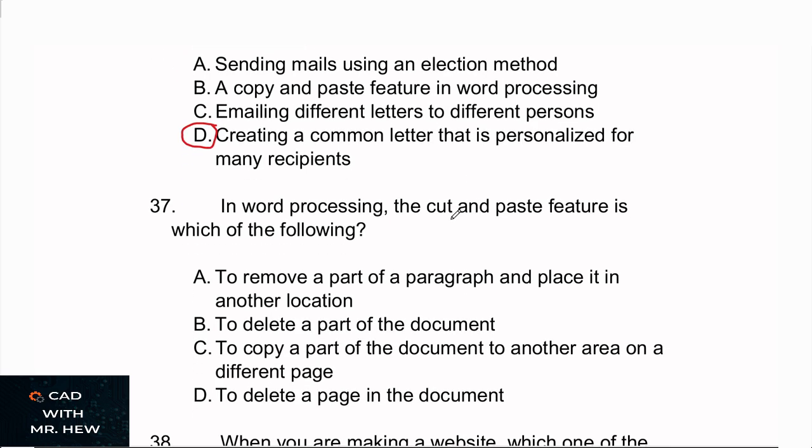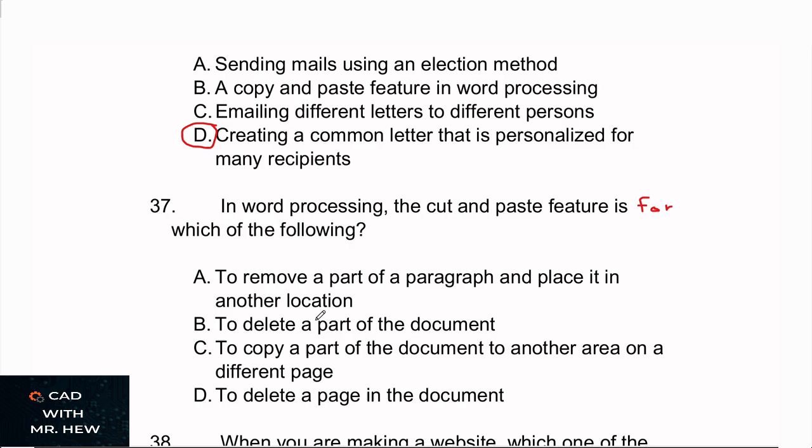Let's look at question 37. In word processing, the cut and paste feature is used for which of the following, right? So A, to remove a part of a paragraph and place it in another location.